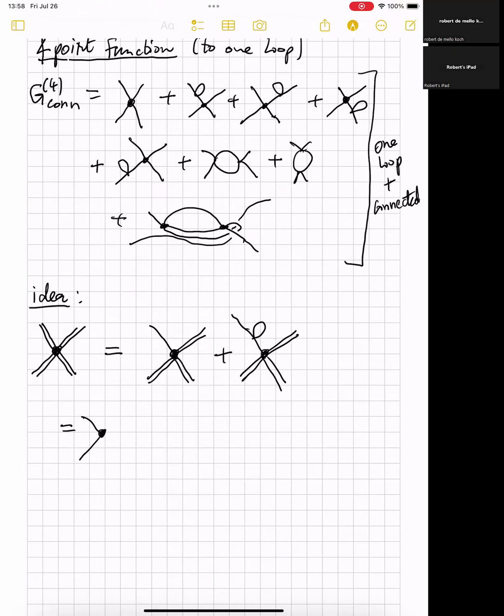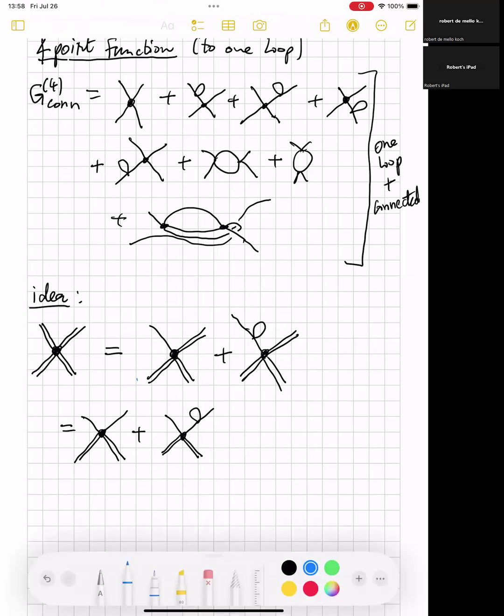Okay. So for the first diagram, we have that plus we have that. So the first diagram that I had on the first line becomes these two diagrams sitting over here, okay? And now let's rewrite the second leg.